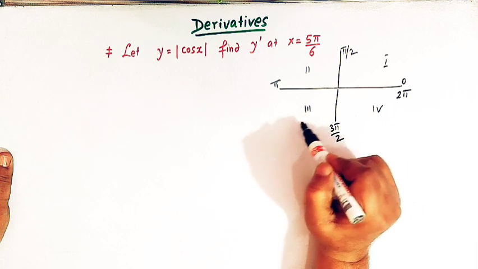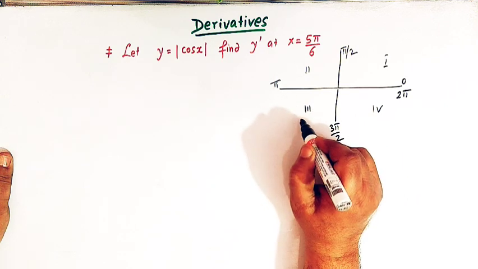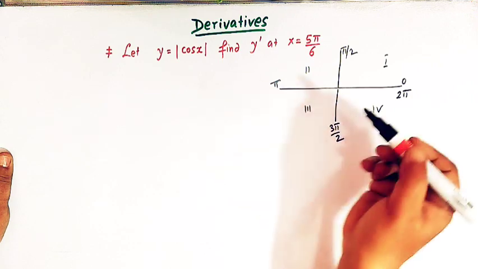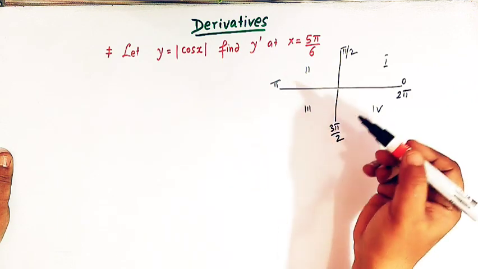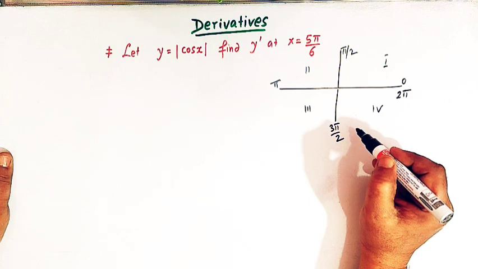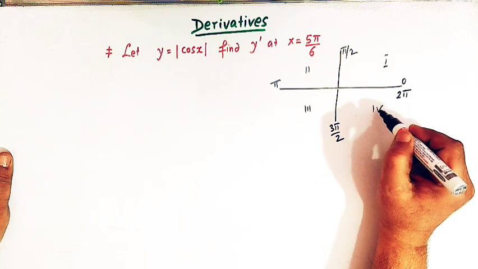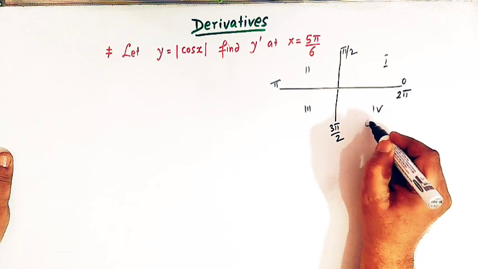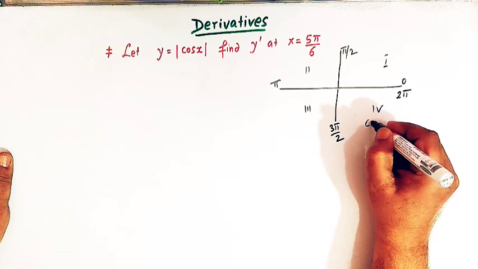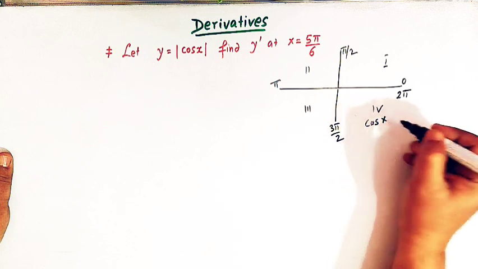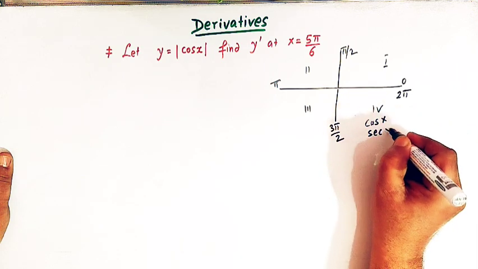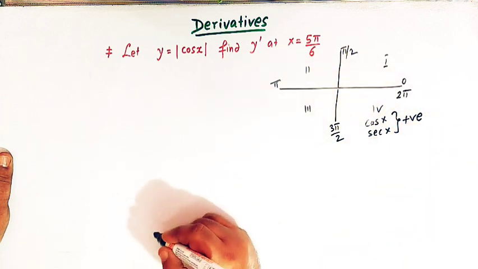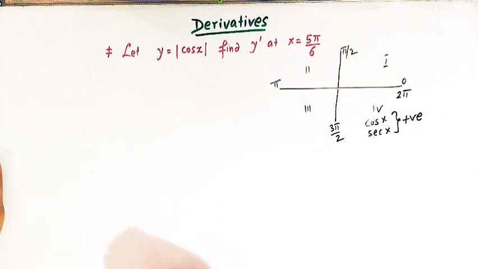And in the third quadrant the tan function and the cot function are positive, and the other four trigonometric functions are negative. And in the fourth quadrant cos x and secant x are positive, and the other four trigonometric functions are negative.